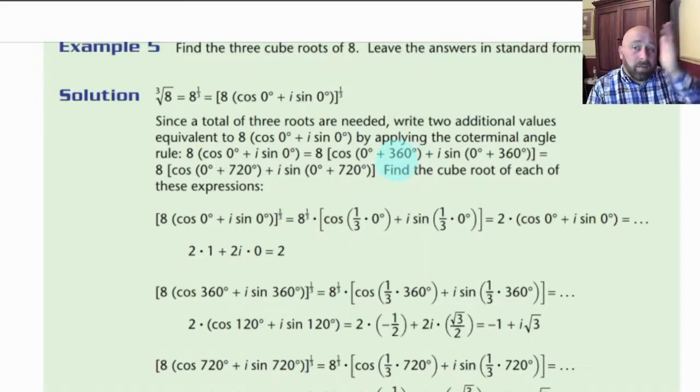So we're going to have to come up with a second one. So we're going to add 720 to both of them. So we're going to do this 2 more times. 1 with 360, that's for the second. That's going to give us the second one. And then 1 for 720, and that's going to give us the third solution. And so it wants 3 roots, so we're going to give them 3 roots based on the 3 revolutions around our circle.